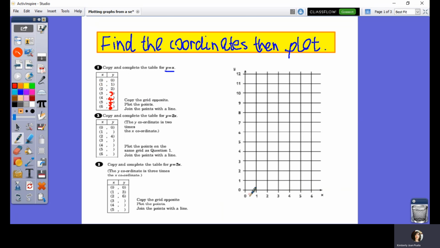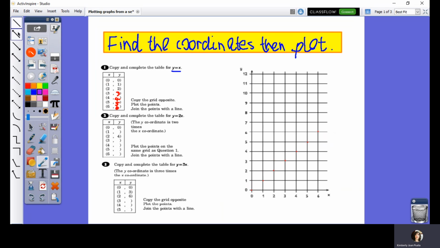First we have 0, comma 0, which is here. Then we have 1, comma 1, 2, comma 2, 3, comma 3, 4, comma 4, 5, comma 5, and 6, comma 6.